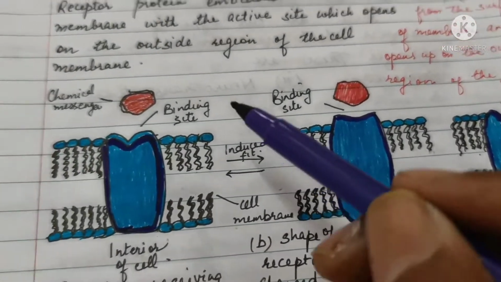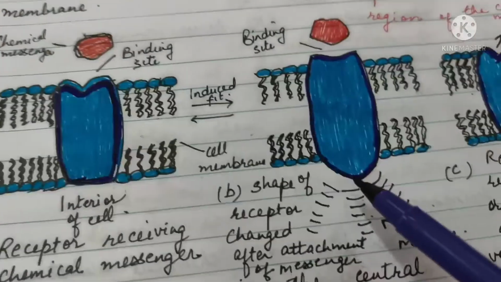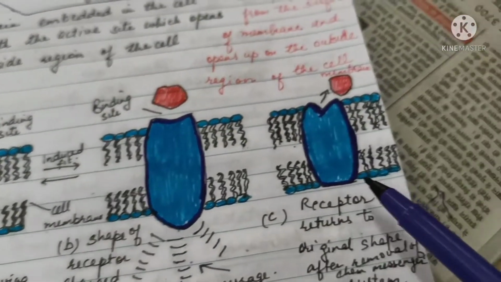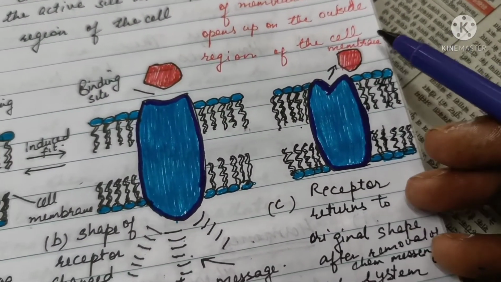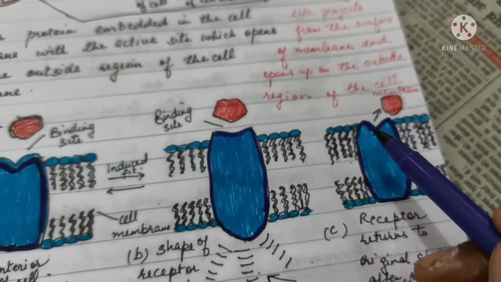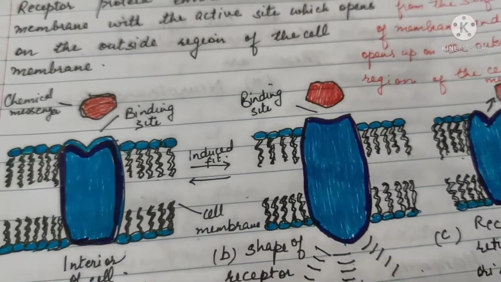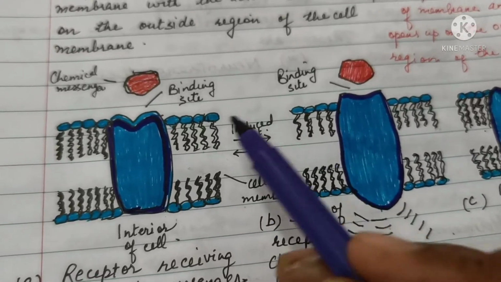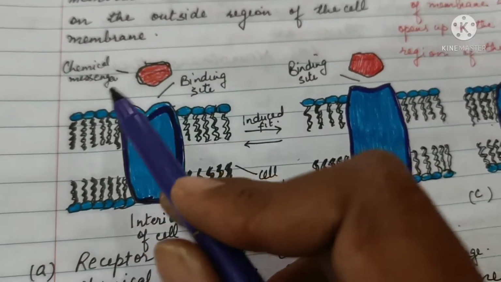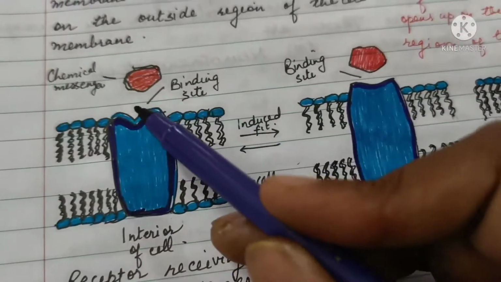So hormones attach to the receptor site, transmit the message, and then leave the site so that a new messenger can come and attach. Now, in the case of a hormone or chemical messenger, this is attached for a longer period of time.